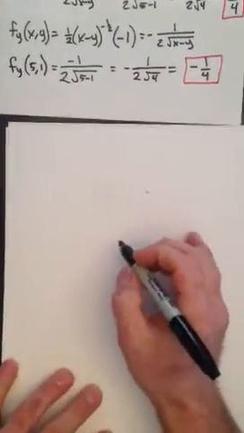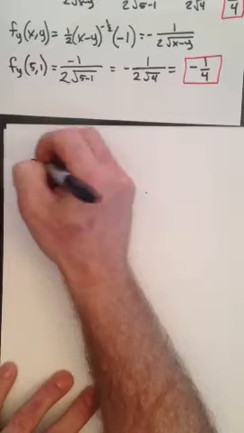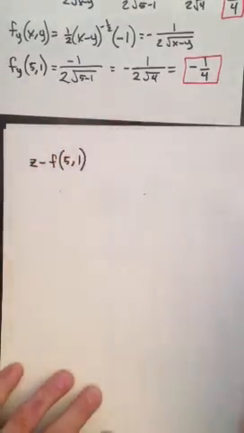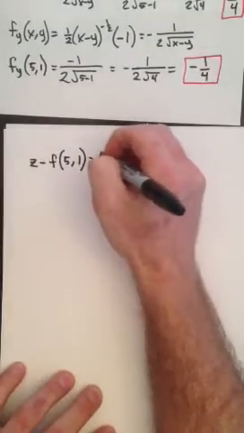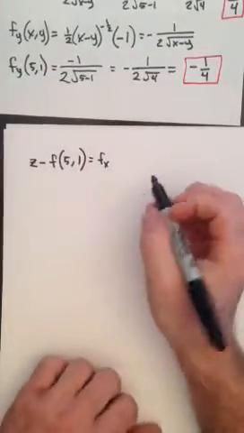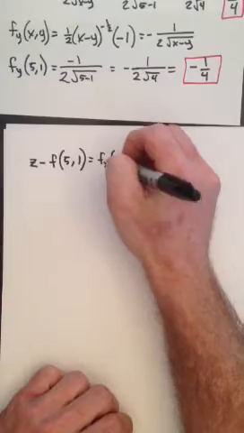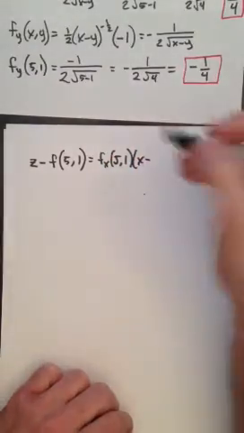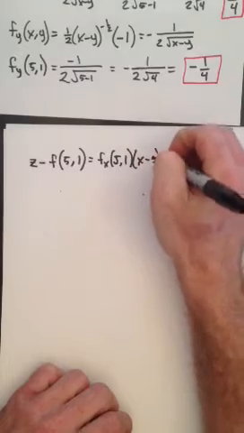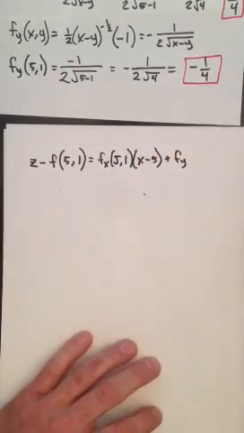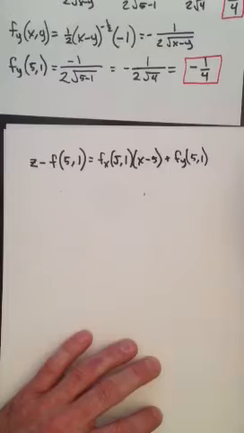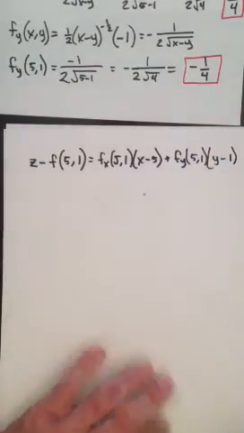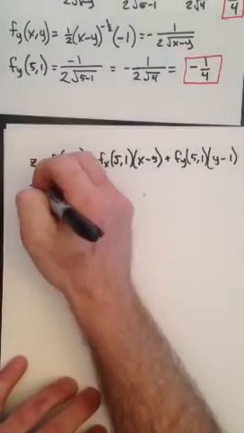Alright, we have z minus the function at the point 5, 1 equal to the partial with respect to x at 5, 1 times x minus the x value 5, plus the partial with respect to y at 5, 1 times y minus the y value 1.